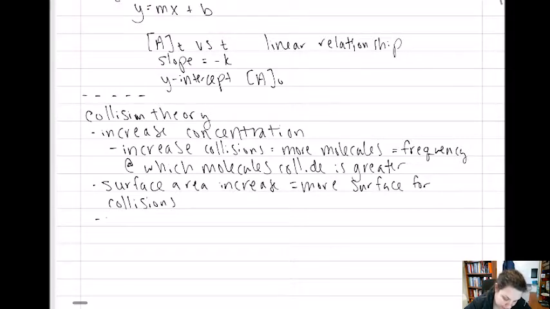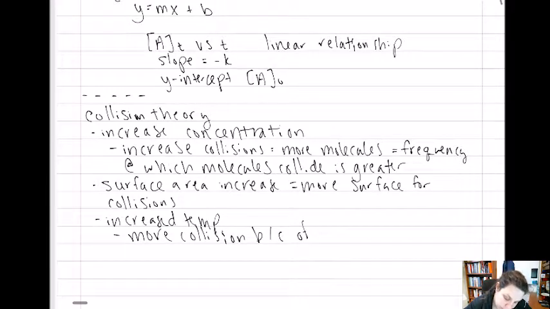And then lastly, our increased temperature. With increased temperature, we have a greater number of collisions, and we have a greater number of molecules with the correct amount of energy, or that activation energy, in order for a reaction to occur. So the faster speed of our molecules is because of our kinetic energy equation.